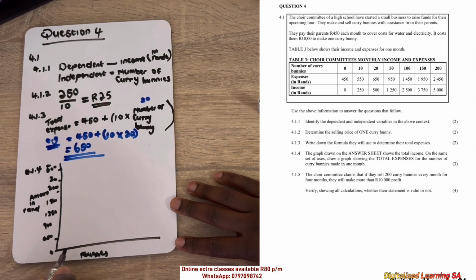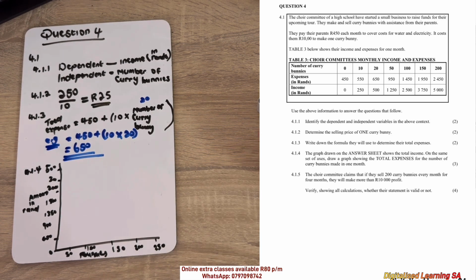And then here we can have 0 bunnies, 50 bunnies, and then 100 bunnies, and then 150, 200, and then maybe 250. So we are given the one that has income. The one for income has already been done for us. So we need to do the one for total expenses.